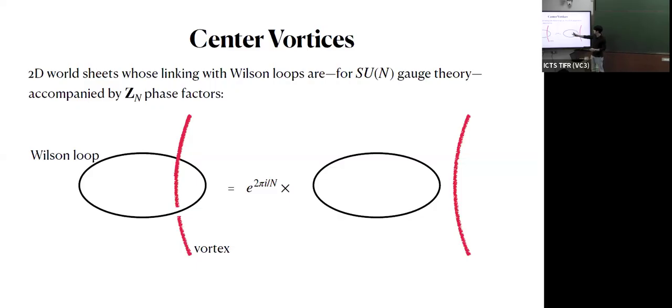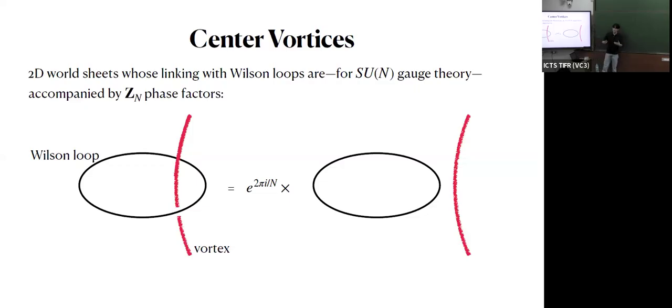So this is what I've depicted here, albeit in 3 dimensions. So the vortex is depicted as a one-dimensional object in space-time. This is due to lack of space. And you see that on the left, it's linking with the Wilson loop, and on the right, when you unlink it, you get this additional phase factor.